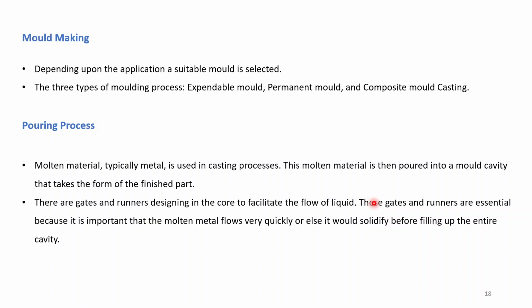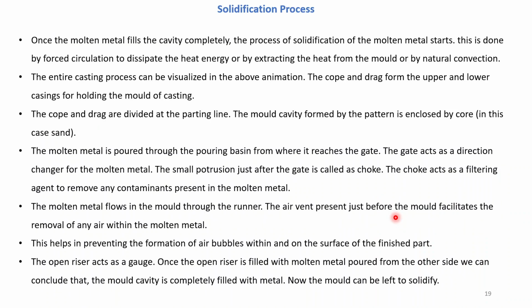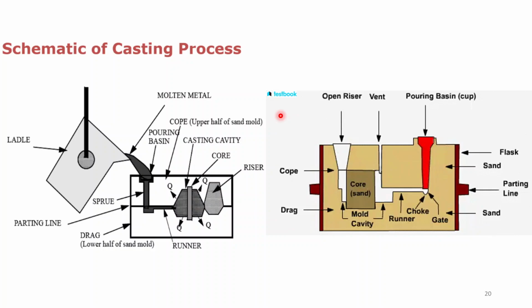Now here you can better understand it. You are pouring your metal from this side and it is filling the entire cavity, and then it is going through the riser. The riser also provides some metal after some shrinkage.